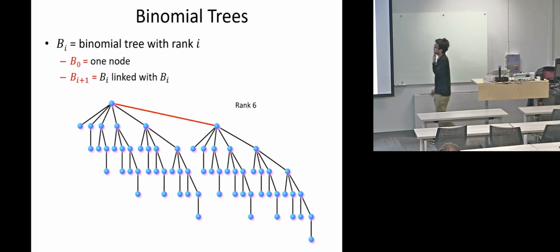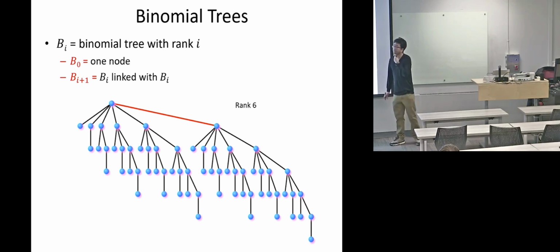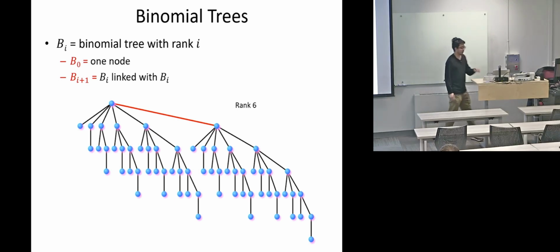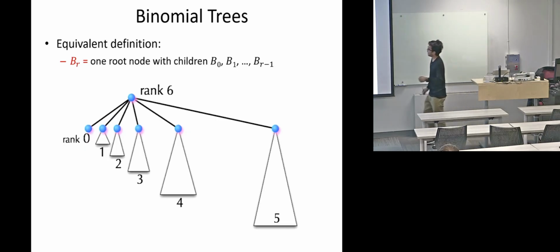Another, equivalent way to define a binomial tree is that a rank R tree contains one root node, and then it has children of rank 0, 1, 2, 3, up to R minus 1. This is the structure of a binomial tree.